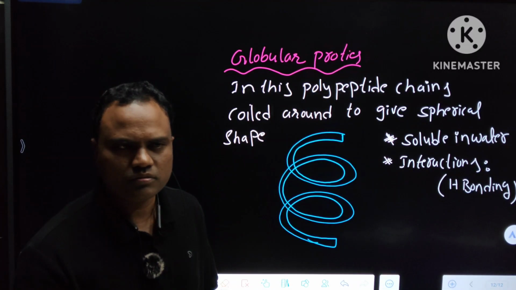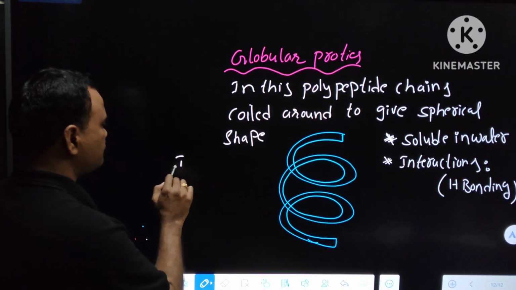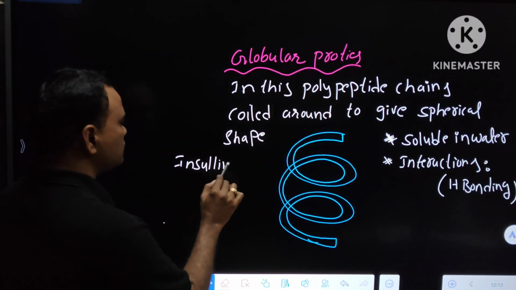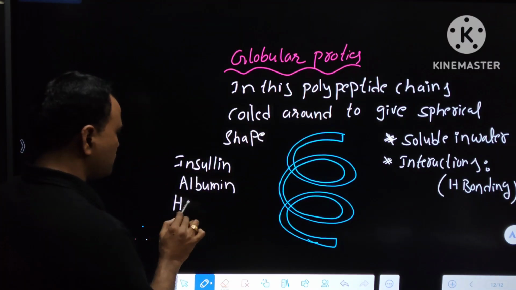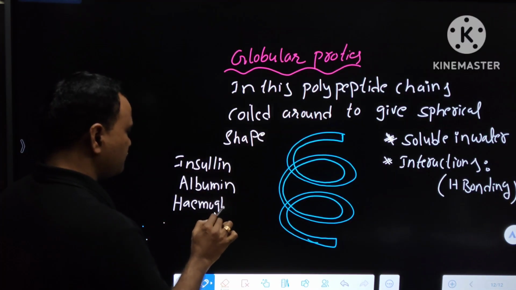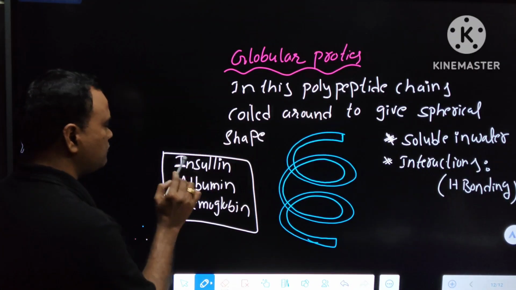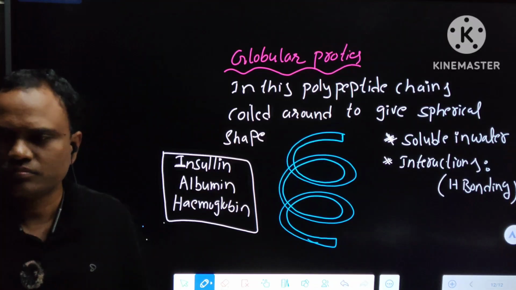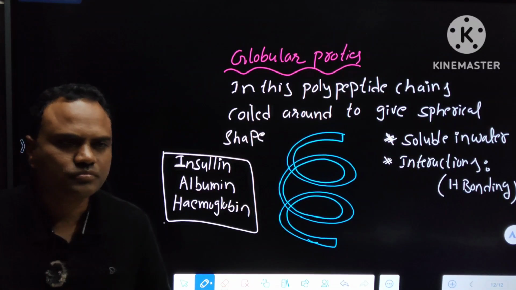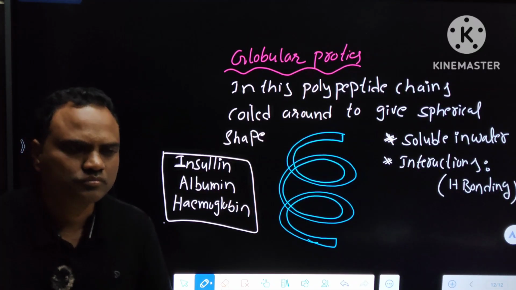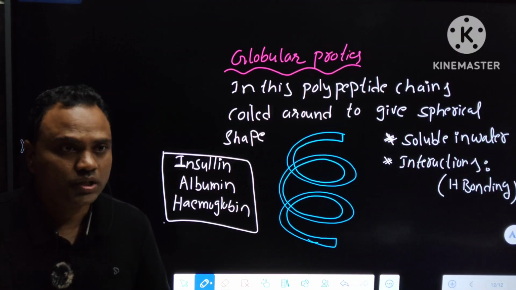Examples list: insulin, albumins, hemoglobin. Right. Examples are very important. Examples category.